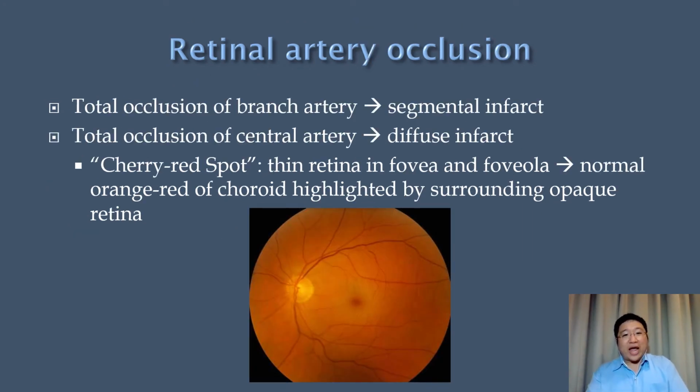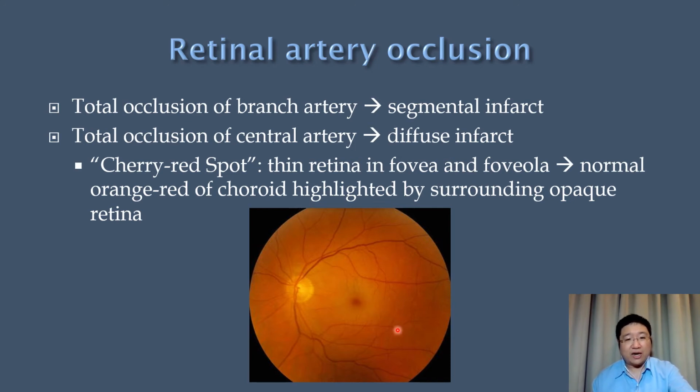And retinal artery occlusion. So if the occlusion is within the branch, there may be segmental infarction. If the occlusion is within the central artery, the infarction may be diffuse. And the occlusion results in haziness of the retina.